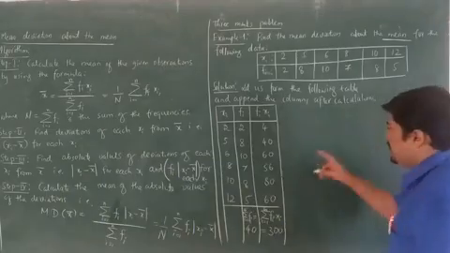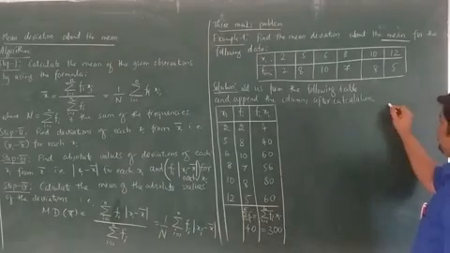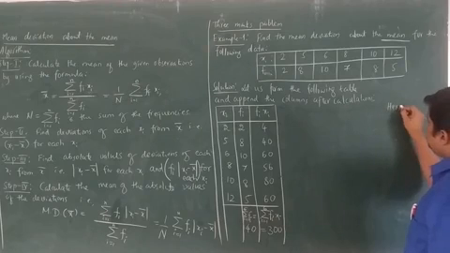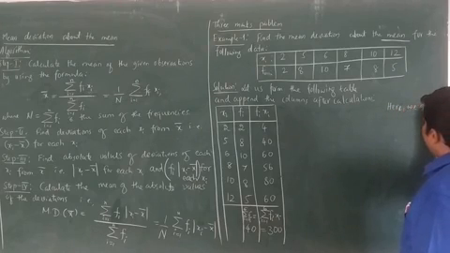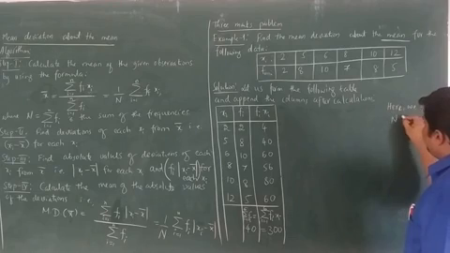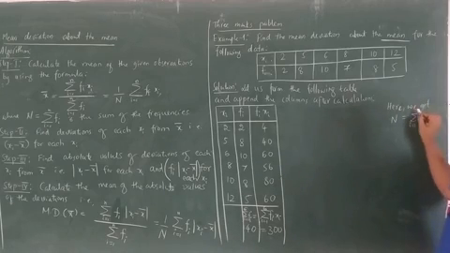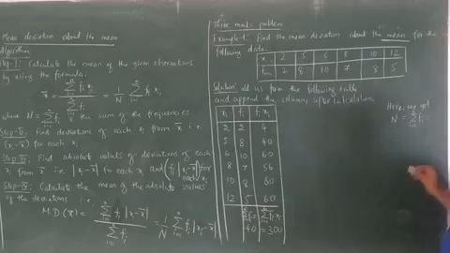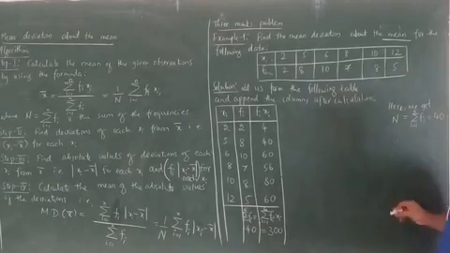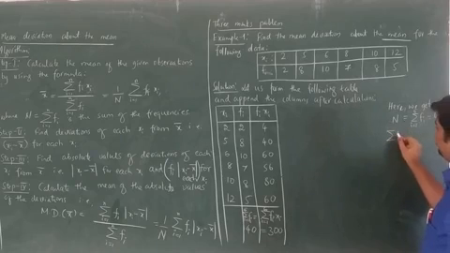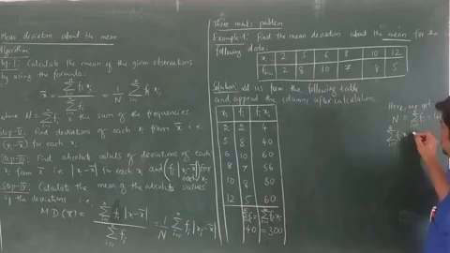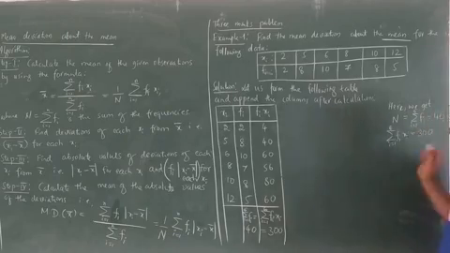Now come to the calculation part. What we have got: the summation of the frequencies, that is equal to n, summation of fi where i runs from 1 to 6, is exactly 40, and the summation of fi xi where i runs from 1 to 6 is exactly 300.